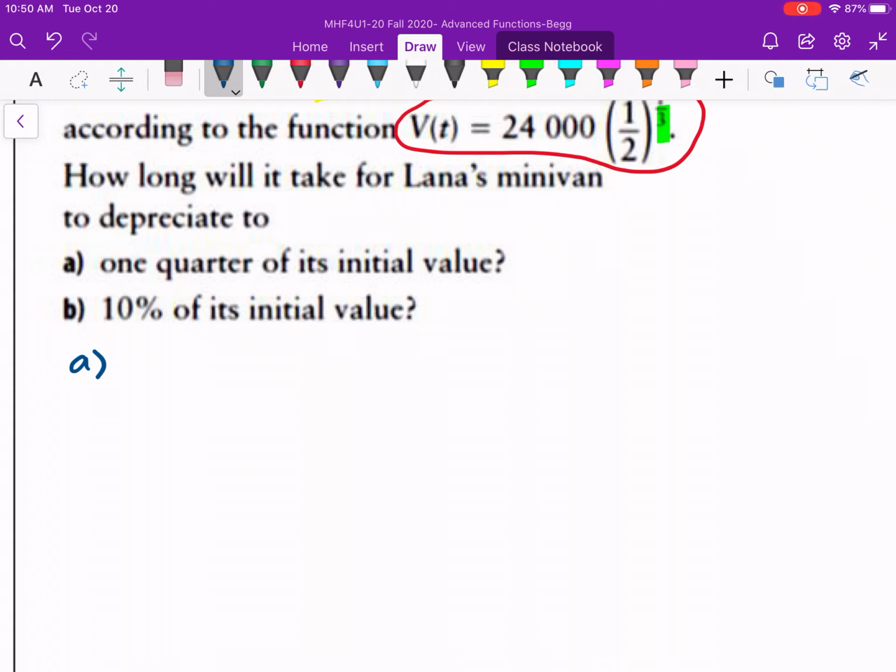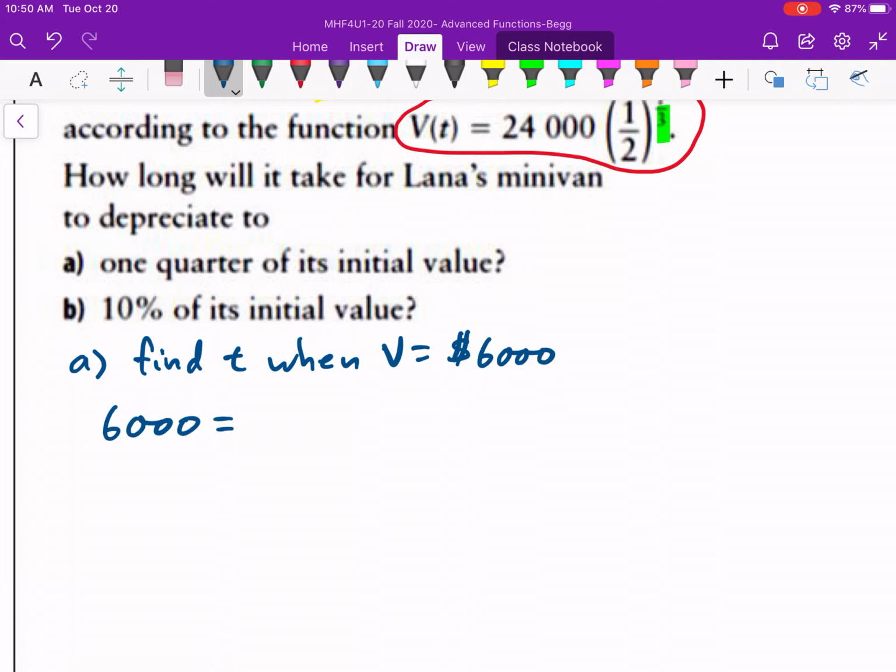So we want to find t when V equals $6,000. So putting 6,000 in for V gives me this version of the formula, or this equation.